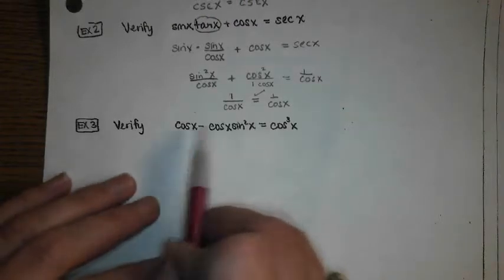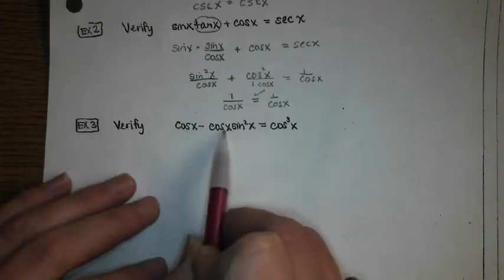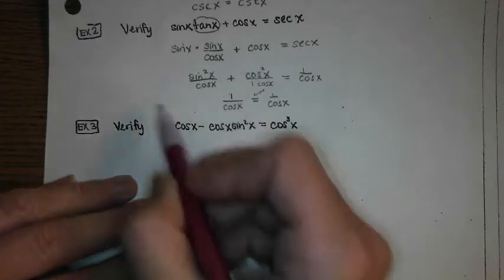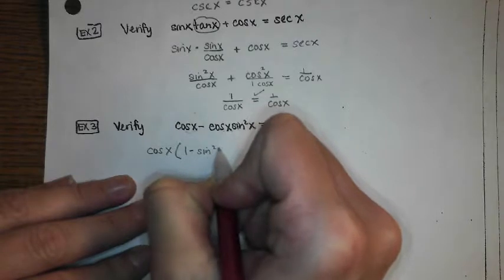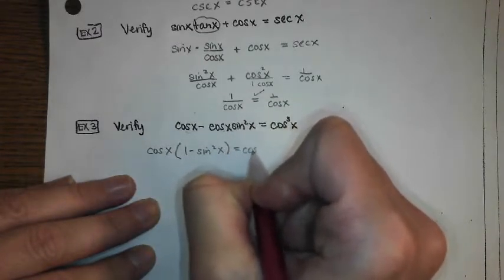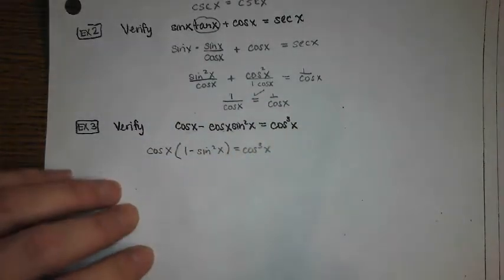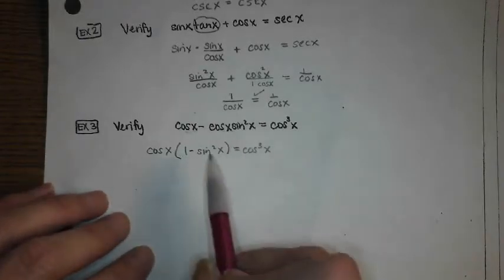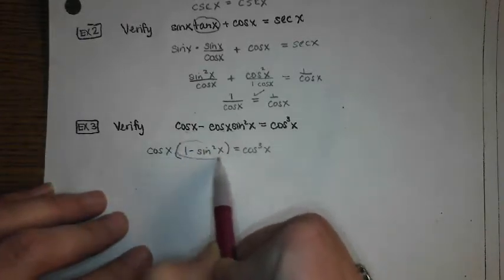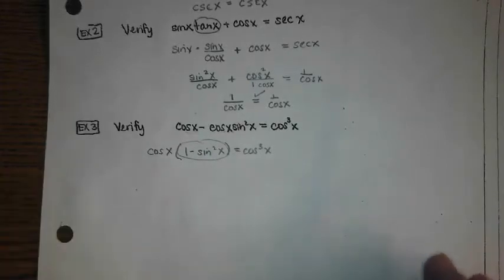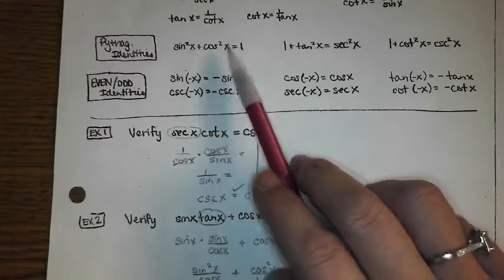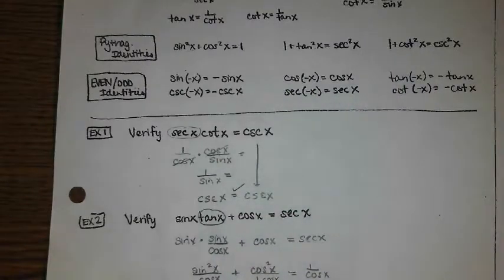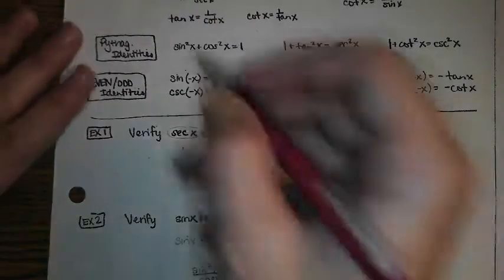But on the binomial on the left, I see that both pieces of the binomial have cosine x. So I'm going to factor that out. And when I do that, I have a 1 minus sine squared, which may not pique your interest now, but the more you look at these, they will. The 1 minus sine squared x comes from, we're going to utilize this, because these Pythagorean identities can be used exactly as they seem, or we can manipulate them.